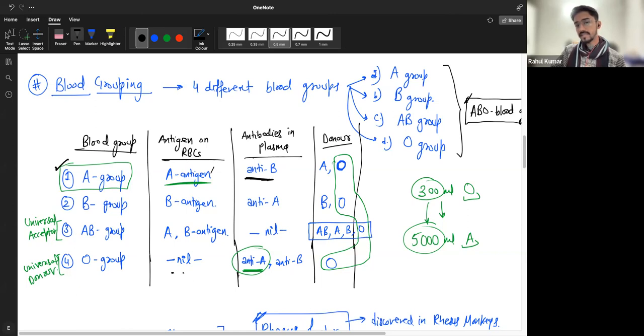O does not have any antigen, but it has anti-A, which is very, very less, so antibodies should be the limiting factor. But when you do vice versa, when you put A into O, there are lots and lots of anti-A, 5 liters of blood, and in that 4 or 5 liters of blood, there is lots of anti-A, much more than the A antigen that is going to enter, right?